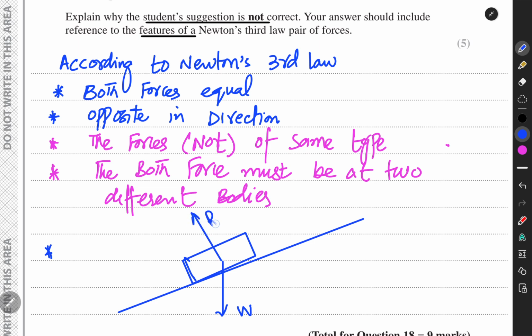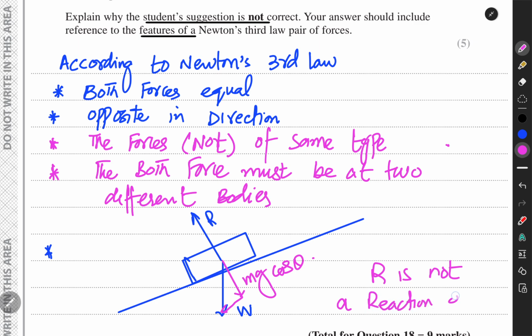The normal reaction force would have to equal the weight, but now it is not; rather, it equals weight × cos θ. That means the normal reaction force is not the reaction force of weight. Remember this: the normal reaction is not the reaction of the weight force.